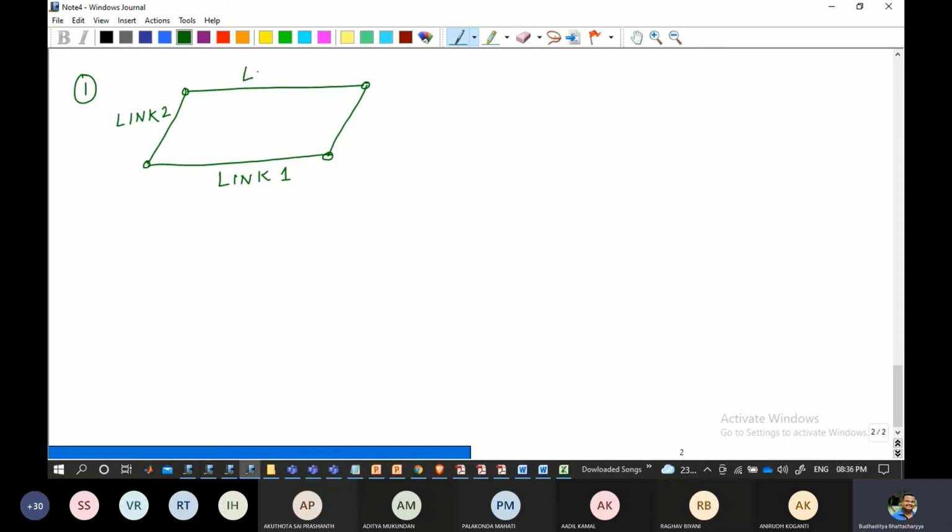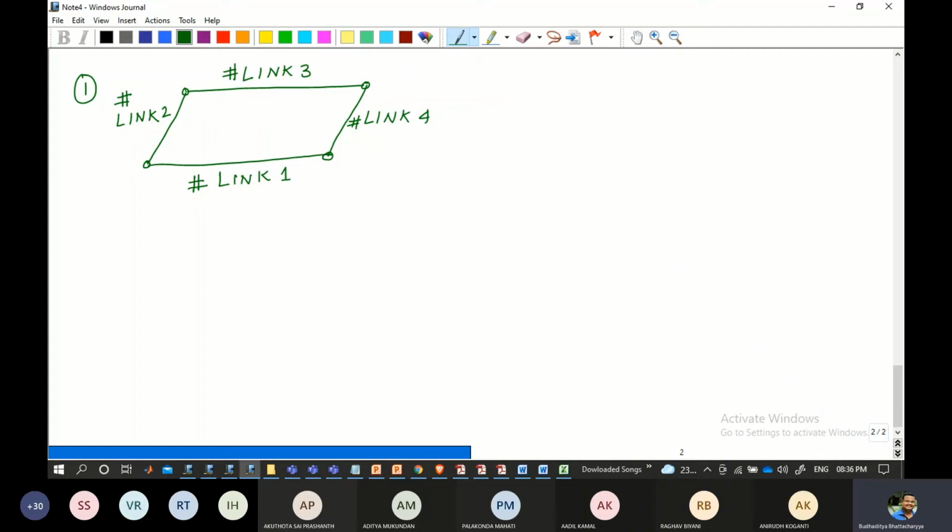By nomenclature, this is my link 3, and a link will be described with a hash symbol. And this is my link 4. So hash 2, hash 1, hash 3 each depict a link. Now this dot that you are looking at is basically a joint, and mostly it is a rotary joint that we are considering.